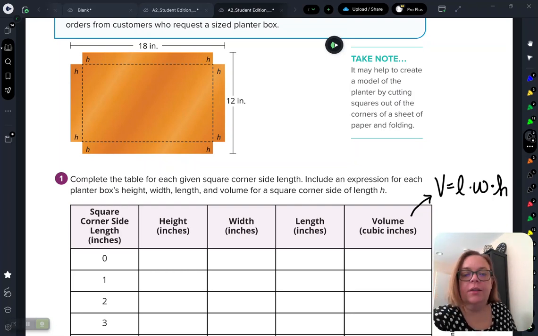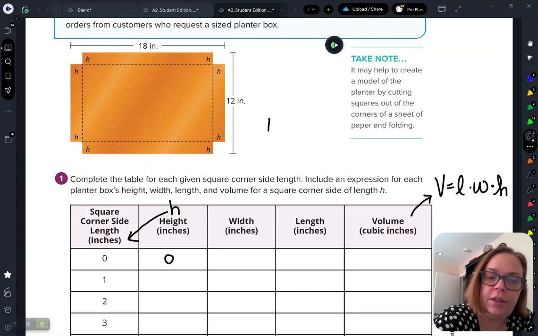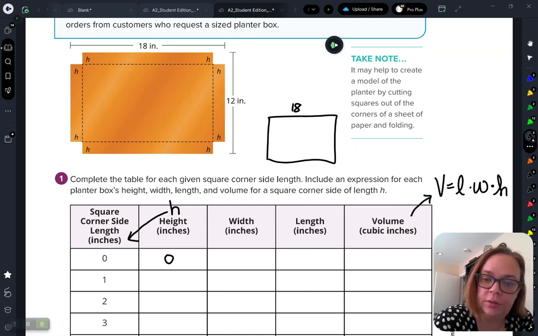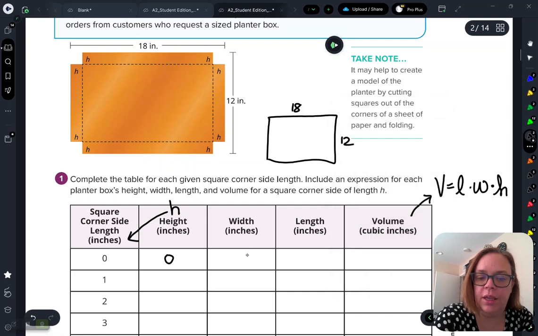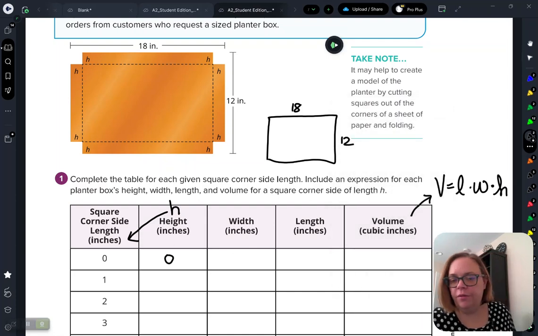So your height, which is the same as the corner side length, is 0. Okay? So basically you just have this rectangle that's 18 times 12. So the width, we'll say, is 18 or 12, but basically your volume is going to be nothing.